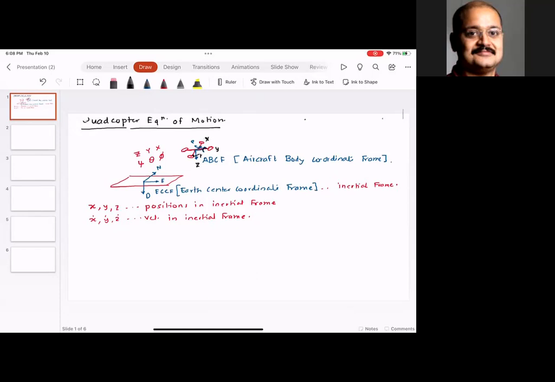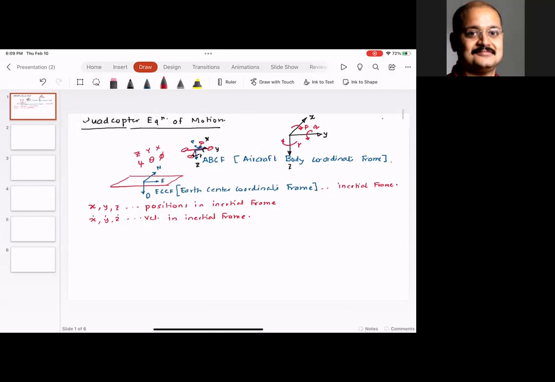I will show it to you here. This is the aircraft body coordinate frame. This is the x-axis, this is the y-axis, this is the z-axis, and there is P, Q, and R. Now these are the angular rates.